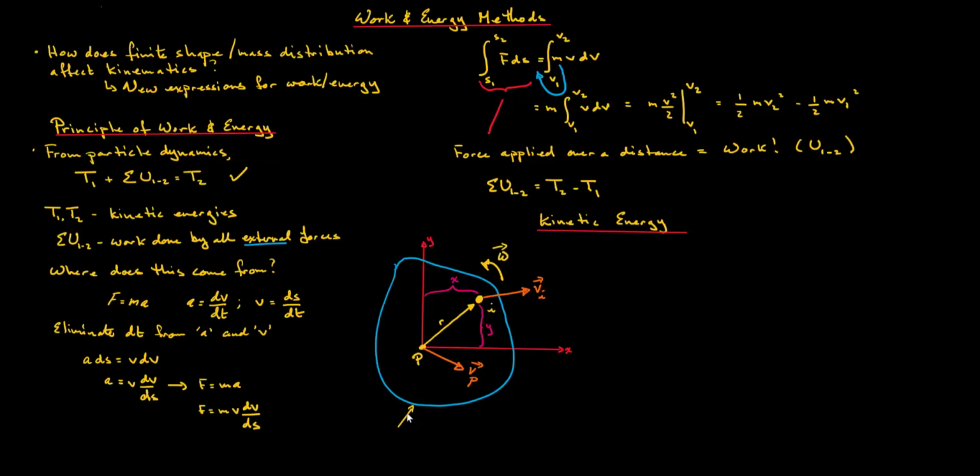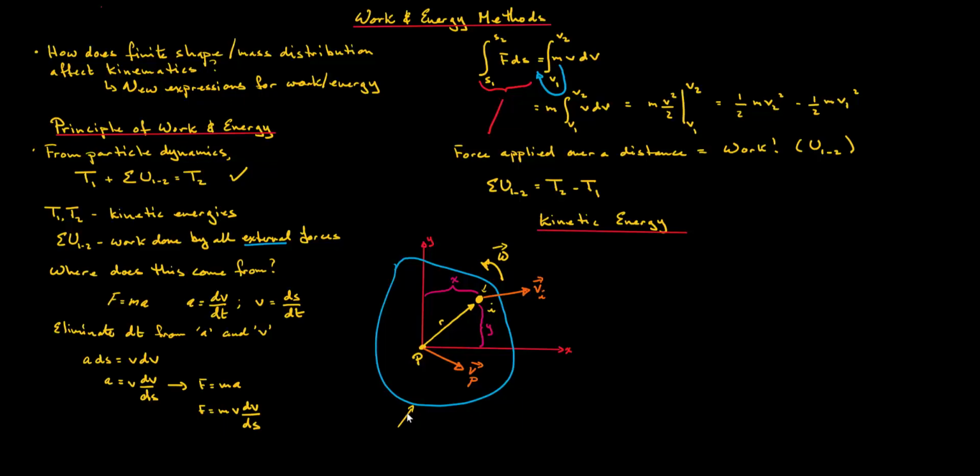And what we're going to do is look at particle i, given over here. So particle i is at a distance r from another arbitrary point P. And this position vector r connecting P to i can be decomposed into x and y components respectively.